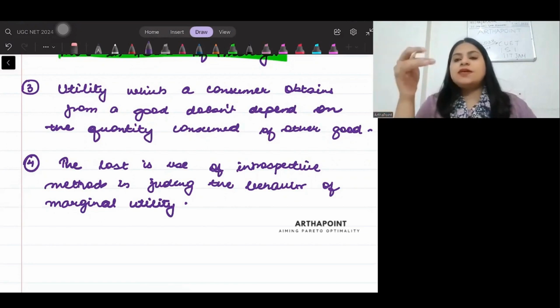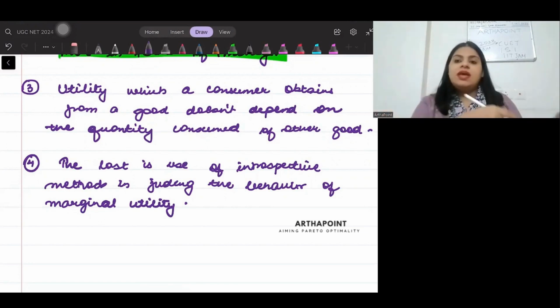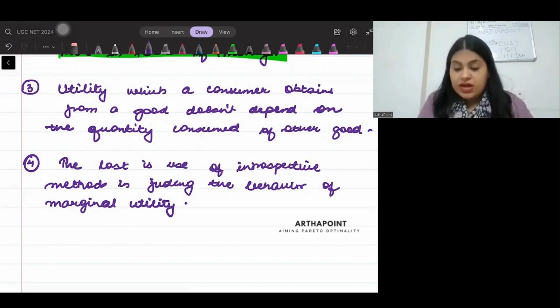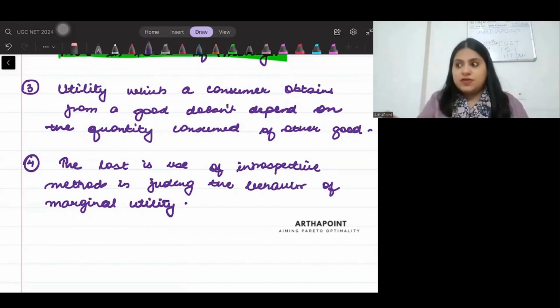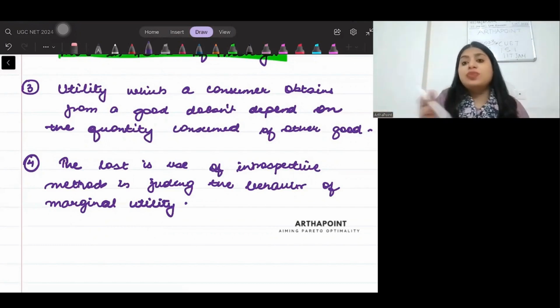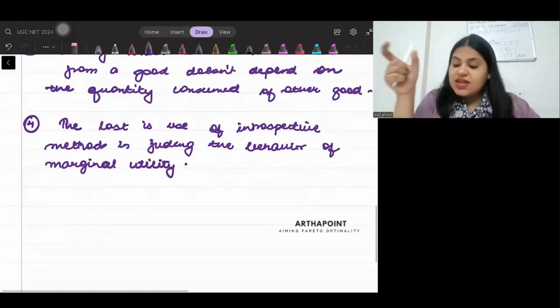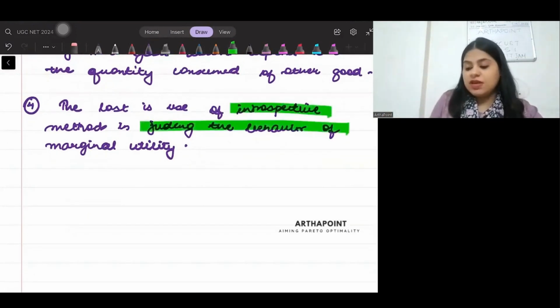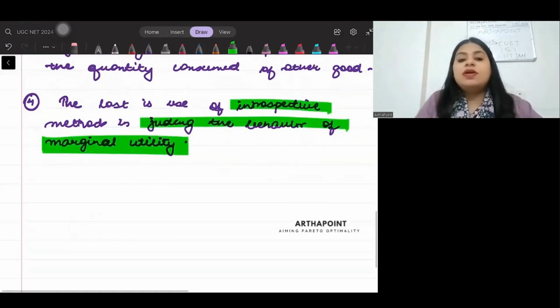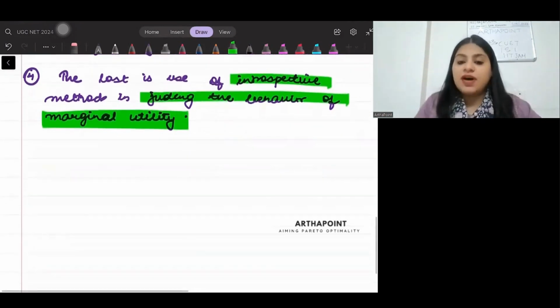Introspect क्या होता है? कि suppose you did something, you watched a movie, then you come back and you tell, I am introspecting कि movie में ये सब हुआ था. Reconstruct the event, right? Ability to reconstruct event, ability of observer. मैंने observe किया कुछ, like introspection, right? I observed something, I'm trying to reconstruct that event, right? That is called introspection. So it says that you should be able to go ahead and introspect in judging the behavior of marginal utility. You should be able to judge the behavior of marginal utility.